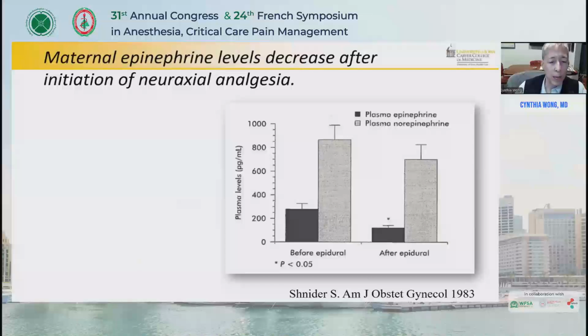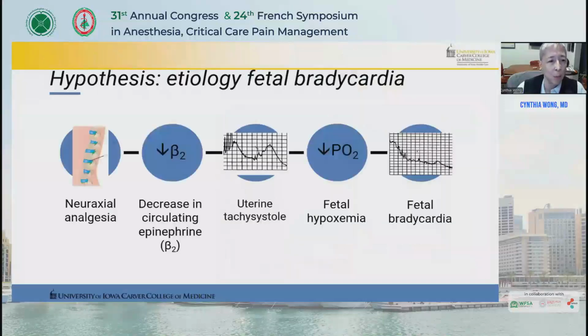What do we think is going on here? Well, during labor, before we initiate analgesia, catecholamine levels increase markedly in the mother. And after we give analgesia, one can imagine, and this is true, that catecholamine levels, both circulating epinephrine and plasma norepinephrine, decrease. All right, why is this important?